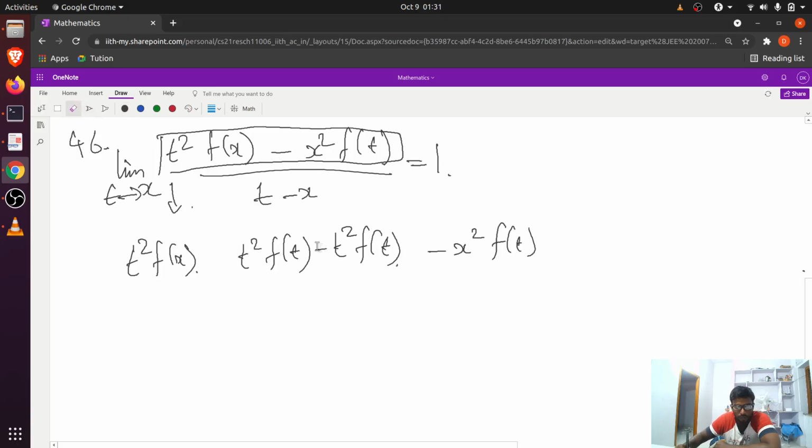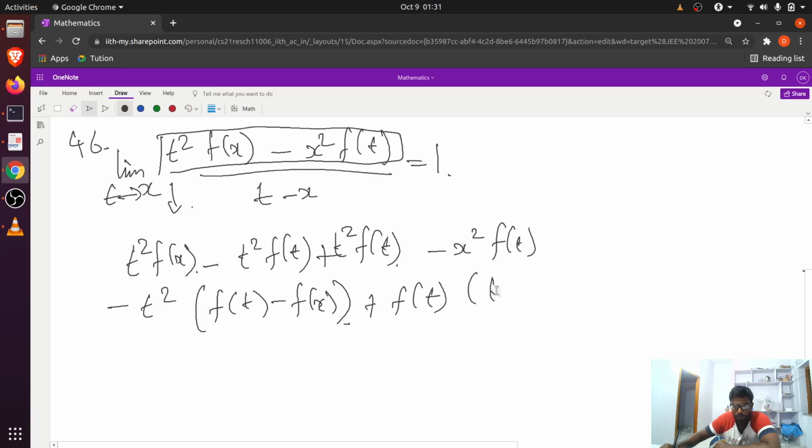Okay, so I'm just adding and subtracting this term t square into f of t. Right? So this will allow us to write t square into, let me take the negative sign out. You will see why. If we take negative t square as common, we will have f of t minus f of x. Here, just taking f of t as common, plus f of t into t square minus x square.